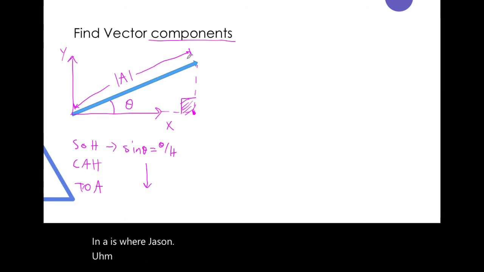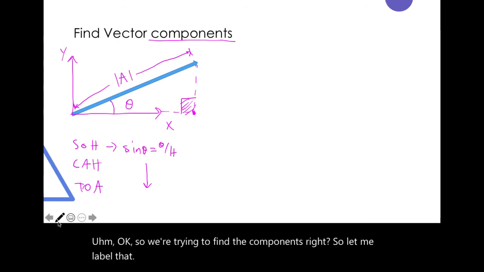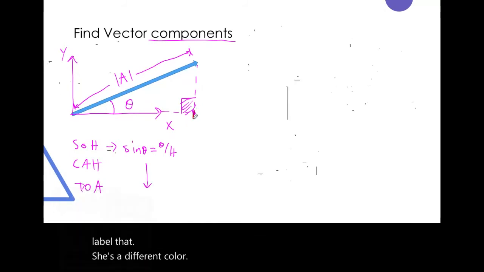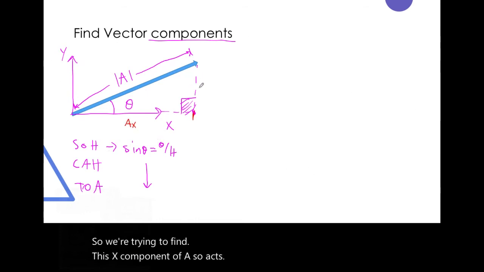Okay, so we're trying to find the components, right? So let me label that. Let's use a different color. So we're trying to find this x component of A, so AX and AY here. So that's what we're trying to find.